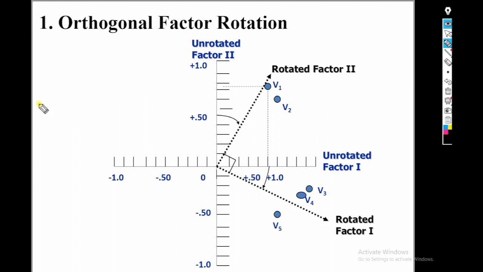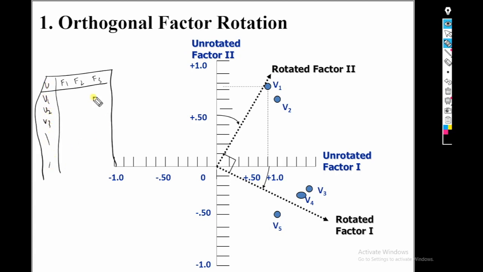So what is the purpose of the orthogonal factor matrix? I am just creating a small factor matrix. For example, f1, f2, f3 are the factors horizontally and vertically are the variables, meaning questions v1, v2, v3. In this factor matrix, if we do not rotate it, like this, I am drawing the 90 degrees.